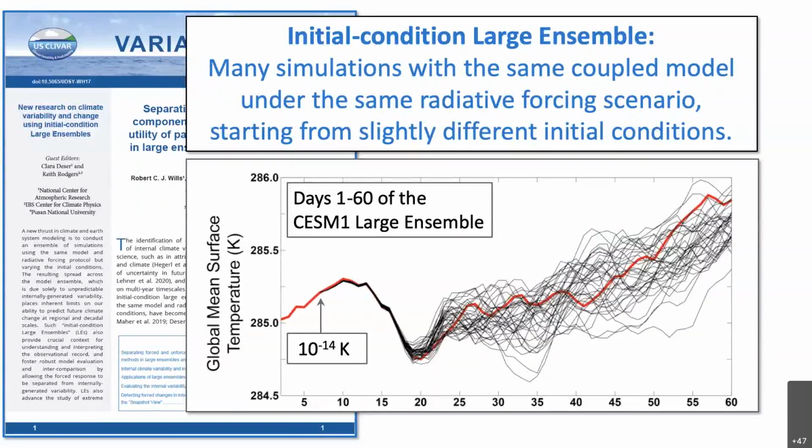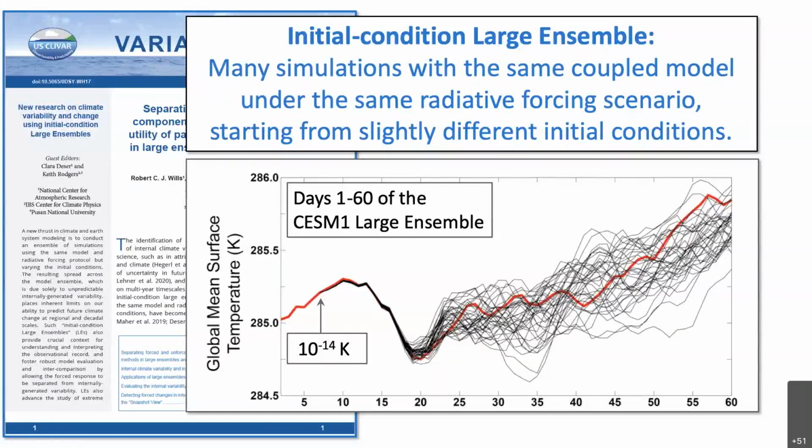And as you see in the plot here of the global mean temperature record from the CESM1 large ensemble, days 1 through 60, from the beginning of the ensemble, the initial conditions were simply round-off error perturbations to the air temperatures on the order of 10 to the minus 14 degrees K on the first day.